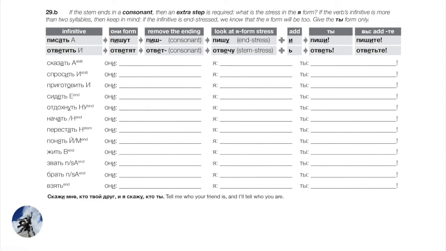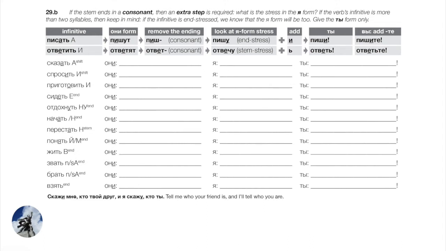Okay, so они берут, right? They are taking. Берут, we drop the ut, we're left with ber. Where's the stress on the ya form? Well, end stress, so that's беру. Беру, I am taking. That implies the imperative бери, бери.